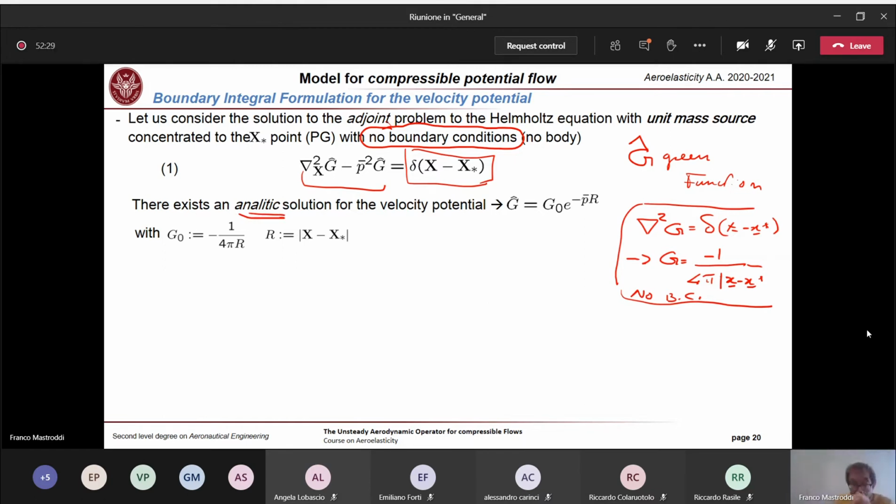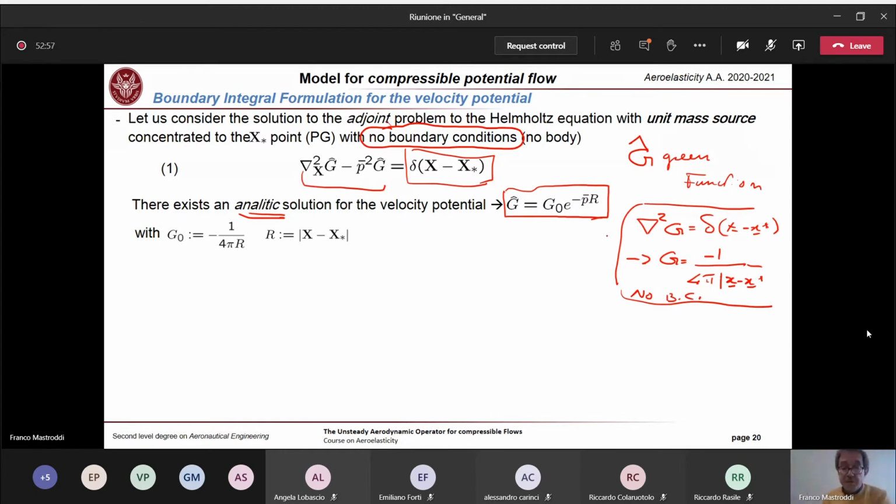If you are interested, you can find a demonstration in your notes that this is the analytic solution of our Green problem. G hat is equal to G0, in Prandtl-Glauert coordinates, times e to the power minus P bar r.